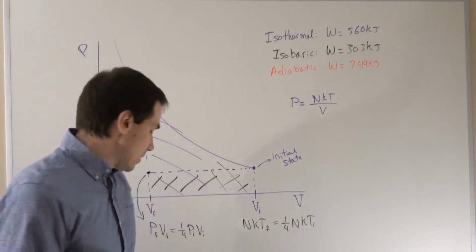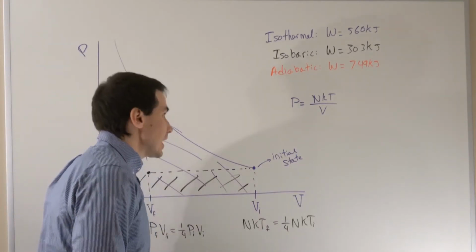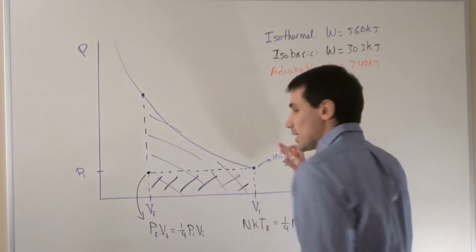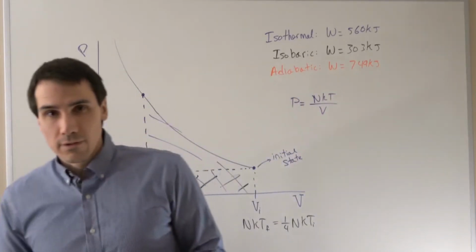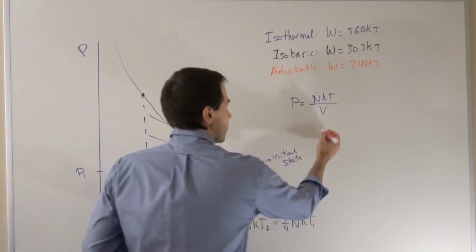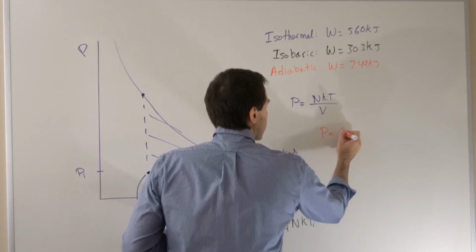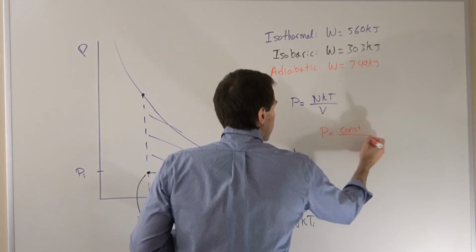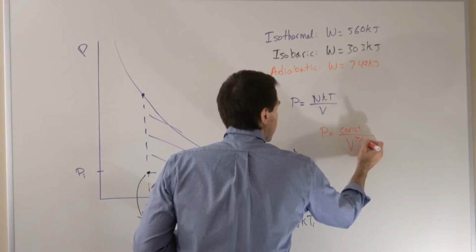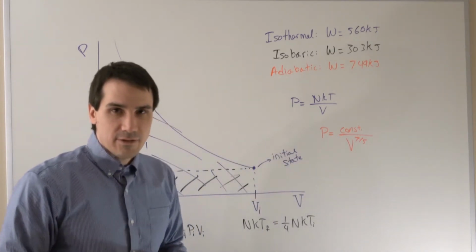And then we get to the adiabatic case. In the adiabatic case, the pressure isn't constant over just V. Pressure is some constant divided by V raised to the 7/5.